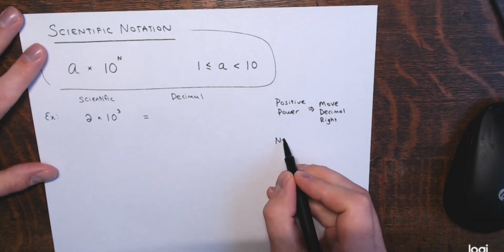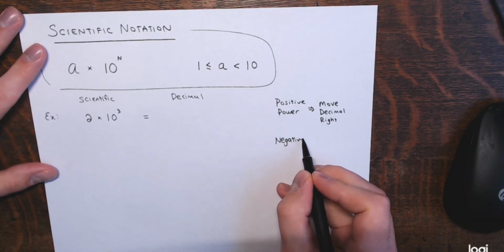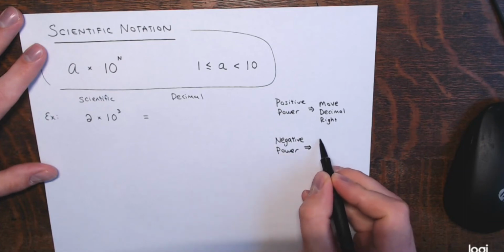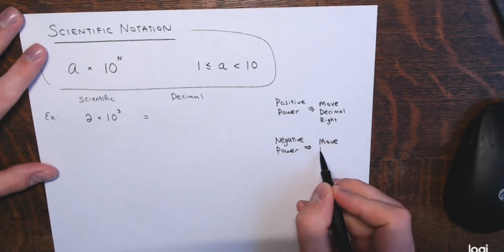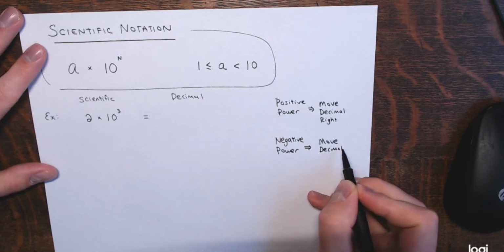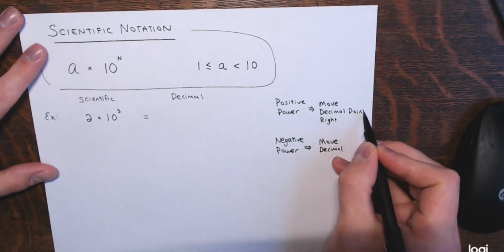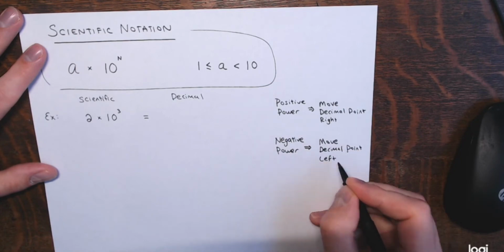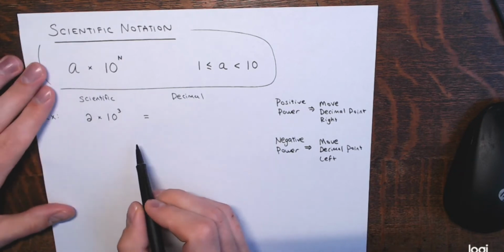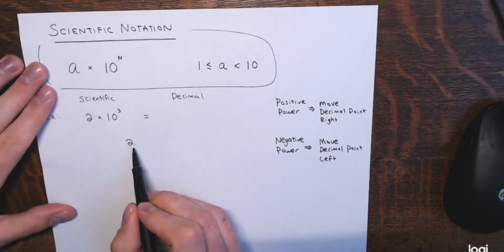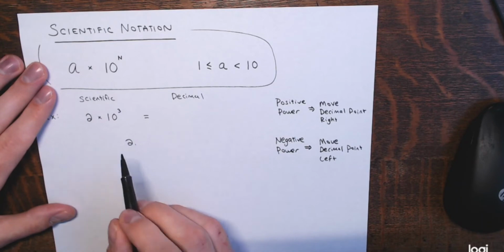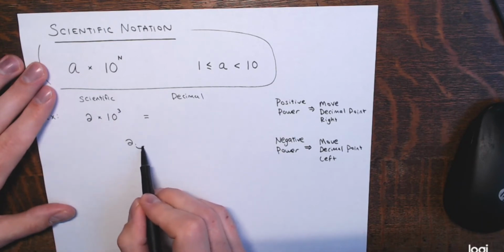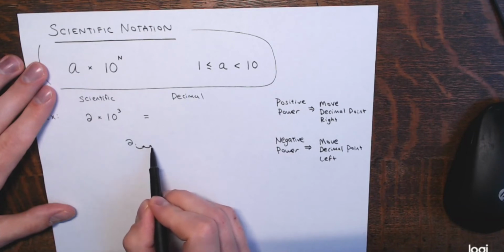A negative power of 10 tells you to move the decimal point to the left that many places. So here, if I take the number 2, remember the decimal point on a whole number is after it, and then times 10 to the 3rd power means move the decimal point to the right 1, 2, 3 places.